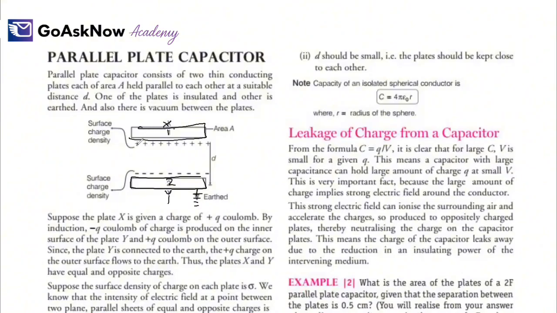If you have a plus charge Q coulomb given here, you get a similar induction: a minus charge, minus Q coulomb, is induced on the inner surface of the second plate Y. Due to this negative charge, a plus charge is also induced on the outer surface.